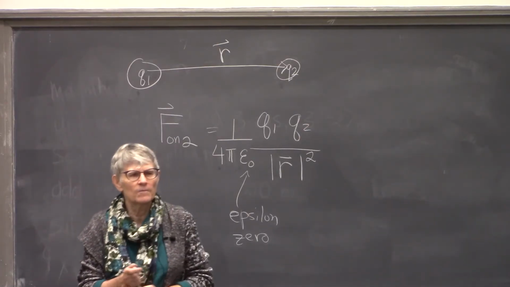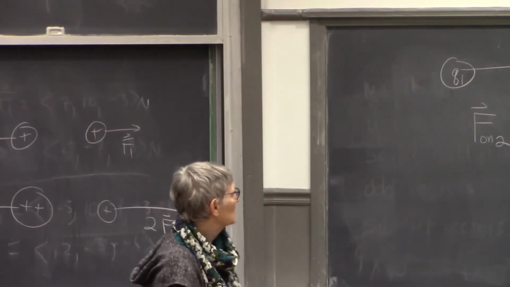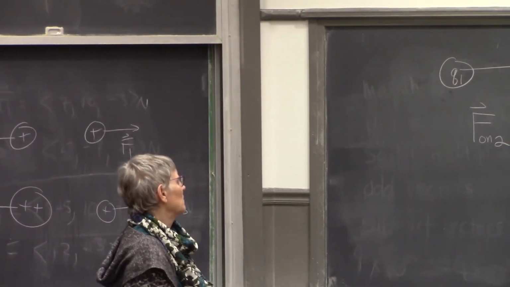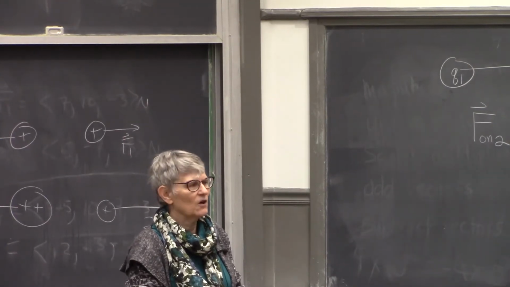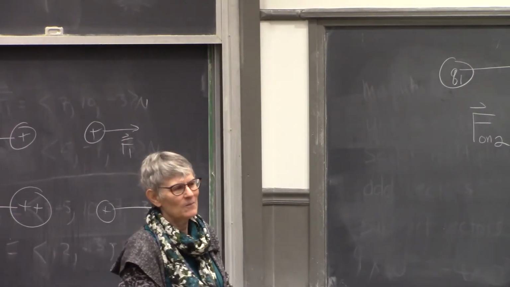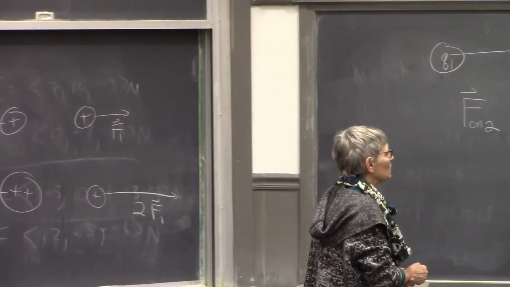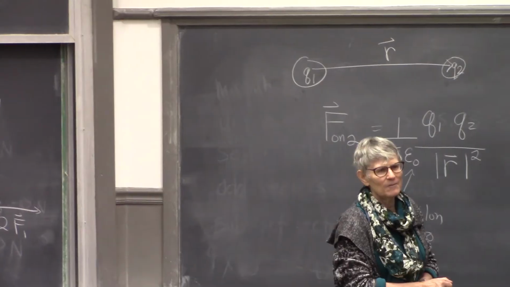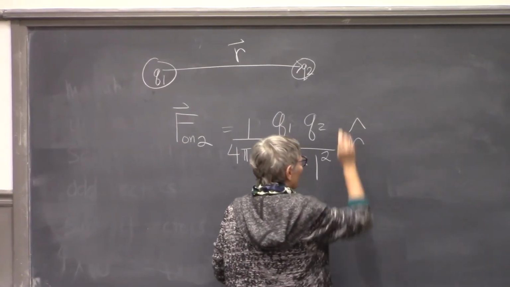So are we done? No, we're not done, because we now have an equation that's not mathematically correct: we have a vector equal to a scalar, and that's not cool. So what do we need to capture the direction? Yes, exactly. We need R hat.